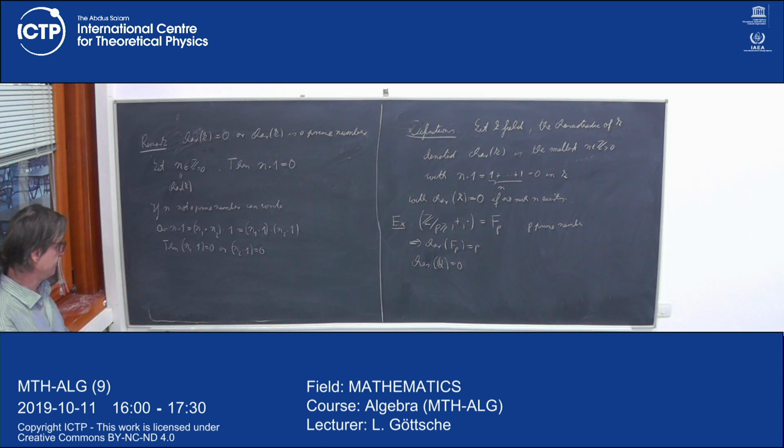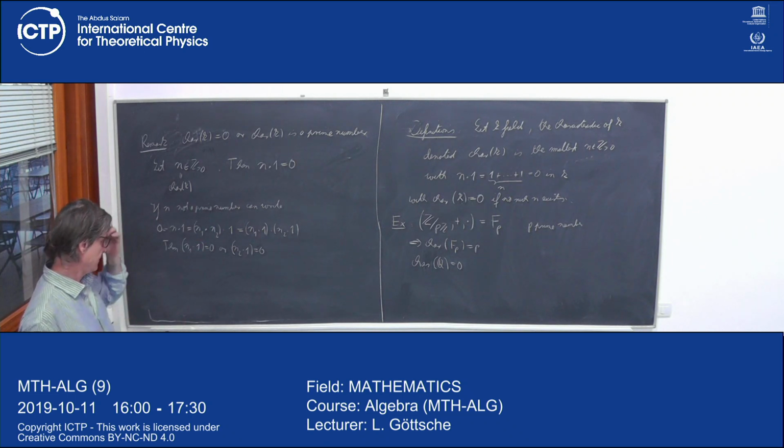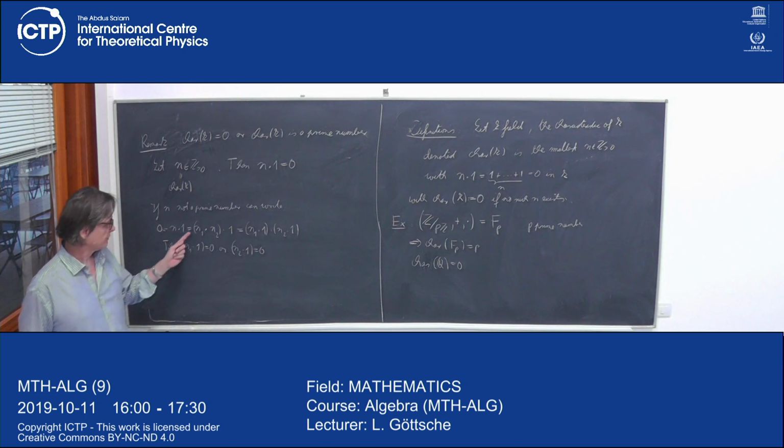On the other hand, this n was supposed to be the smallest such number, so that means that the only way this is possible is if one of the numbers is 1 and the other one is n.